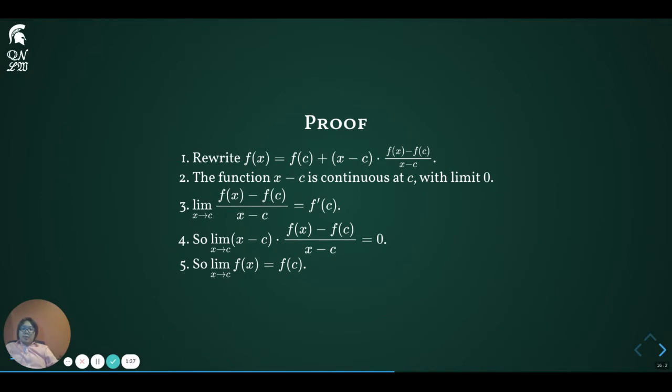The proof is based on rewriting the limits using the limit definition of the derivative. First, we can rewrite f of x, for x not equal to c, as f of c plus the quantity x minus c times f of x minus f of c divided by the quantity x minus c again.